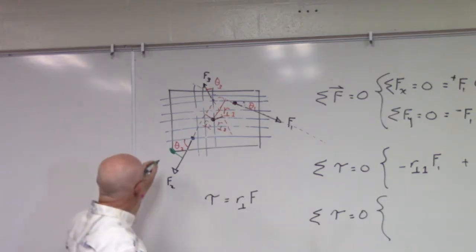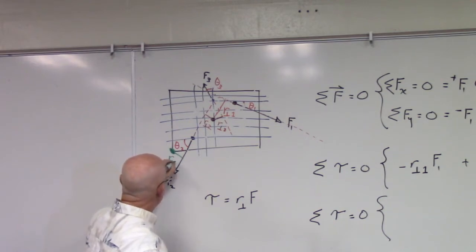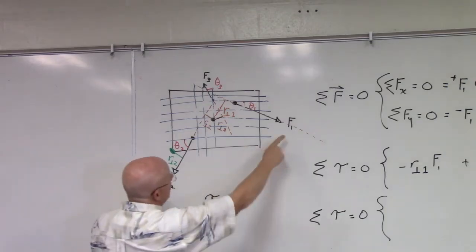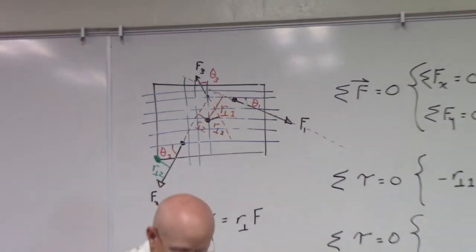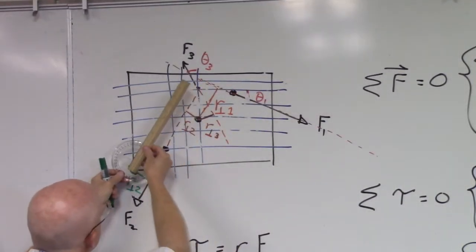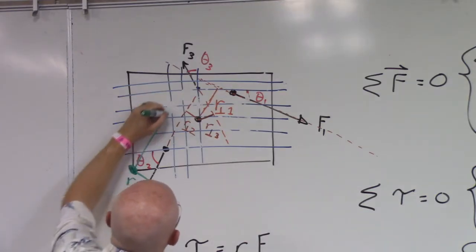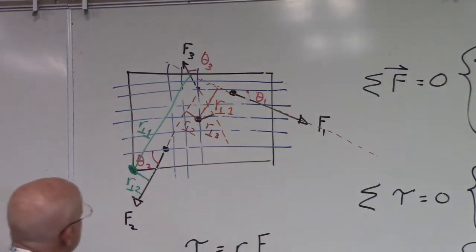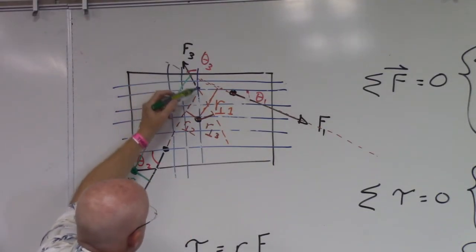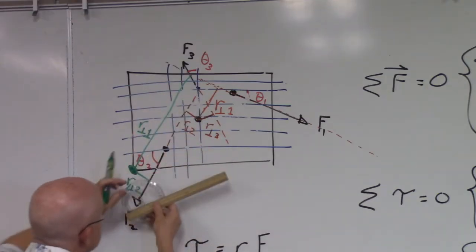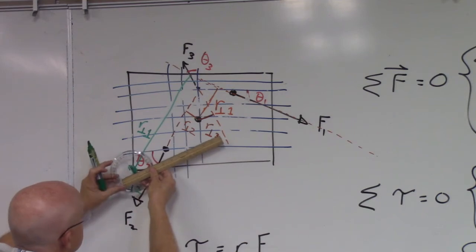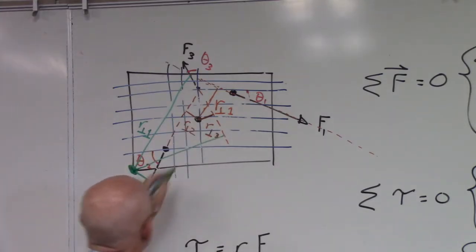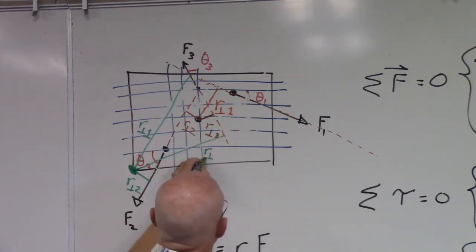But to illustrate it, I would call this perpendicular distance 2 and label it in green. Let's see. Line of action of number 1 is here. Using my ruler and protractor, I would get a perpendicular distance, R perpendicular 1, in the green. Force number 3, again, I have a line of action, and it looks like if I do a perpendicular distance right here, I would get R perpendicular 3.